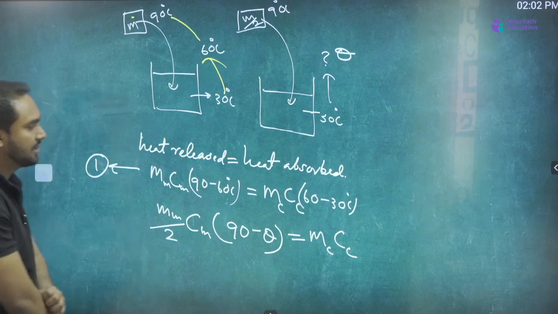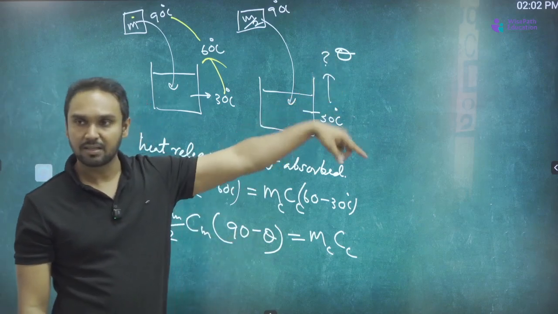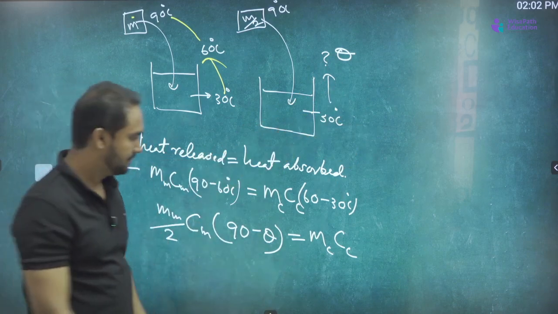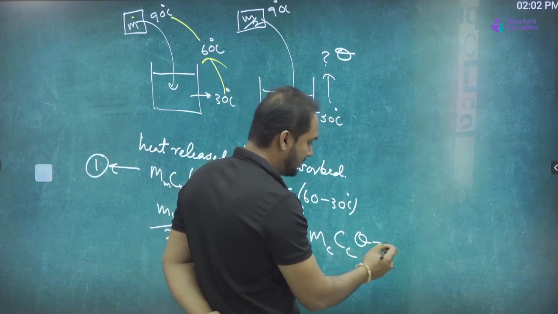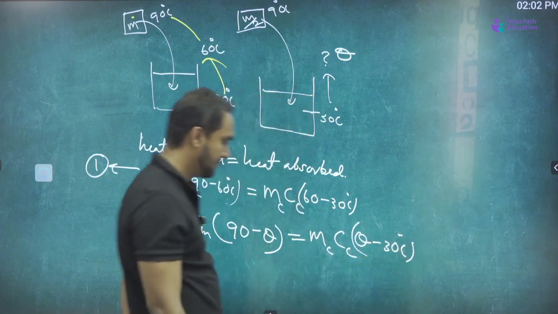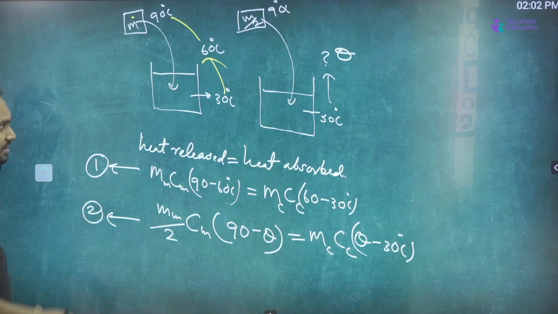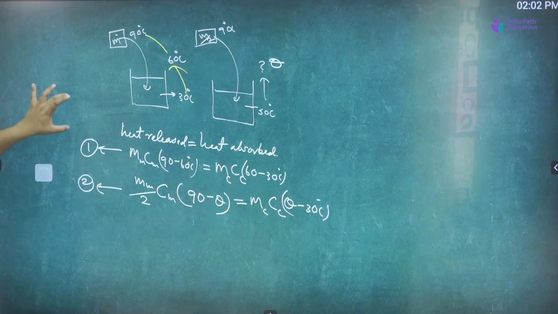What about the temperature difference of the container? That will go from 30 to theta, so it's theta minus 30 degrees Celsius, right? And that's the second equation. So you have to find theta.